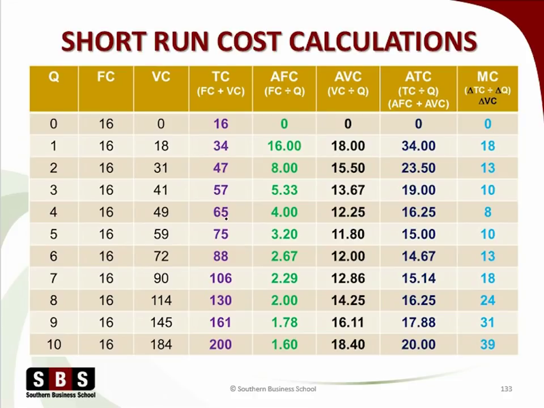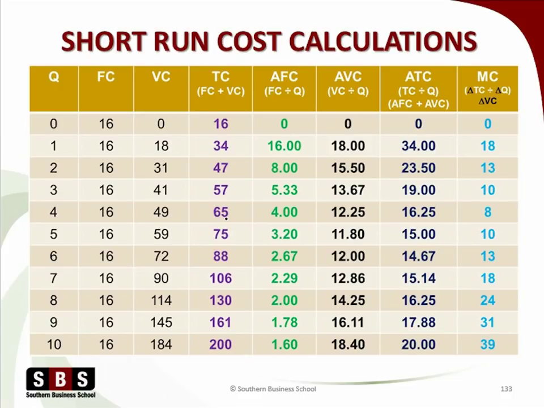And your average fixed cost will just be the fixed cost divided by the quantity. It will give you the value. And average variable cost, there's your variable cost divided by the quantity. It will give you the average variable cost. It's just important to focus in on it and see what's off. And then your average total cost obviously will be just those two together divided by the quantity.